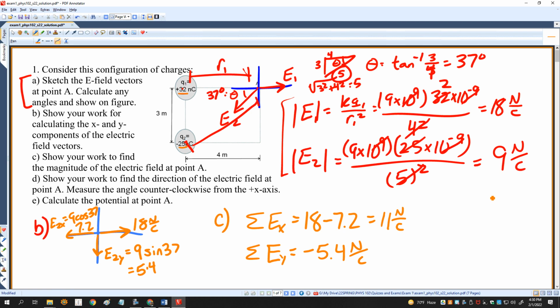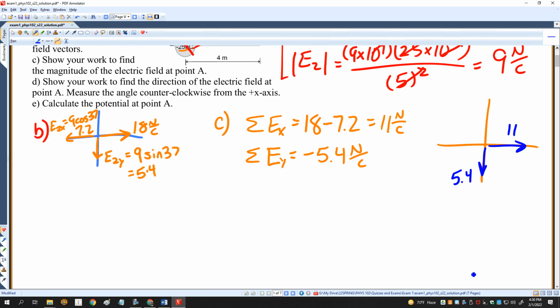All right, so drawing these vectors now, let's go back to blue. I have 11 in this direction and 5.4 in this direction. So I know that my net vector, my net electric field, is going to be in this direction. I'll call this angle phi. If I want to know the magnitude of that, it's going to be the square root of 11 squared plus 5.4 squared.